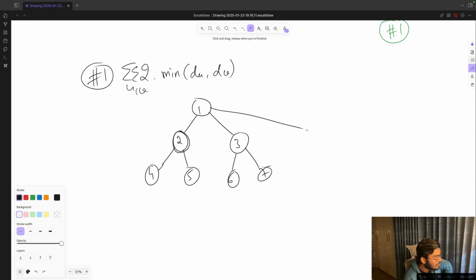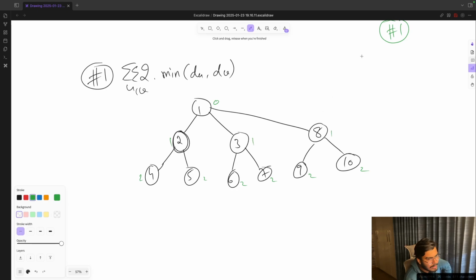So let me just make that thing again. 8 9 and 10. So clearly what we'll have is how many nodes are at the depth. Let's say 1 is at depth of 0, this is at 1, this is at 2. So these all nodes are at depth of 2, these all nodes will be at depth of 1.